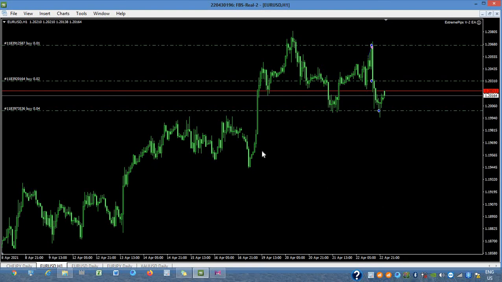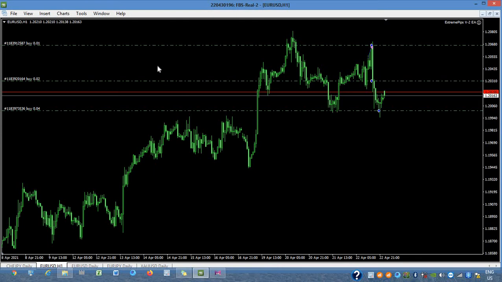That's the reaction of our EA on the longer trend. On the longer trend, the ExtremePips EA will continue following the trend. So no martingale, and if no martingale, guys, that's very little profit.